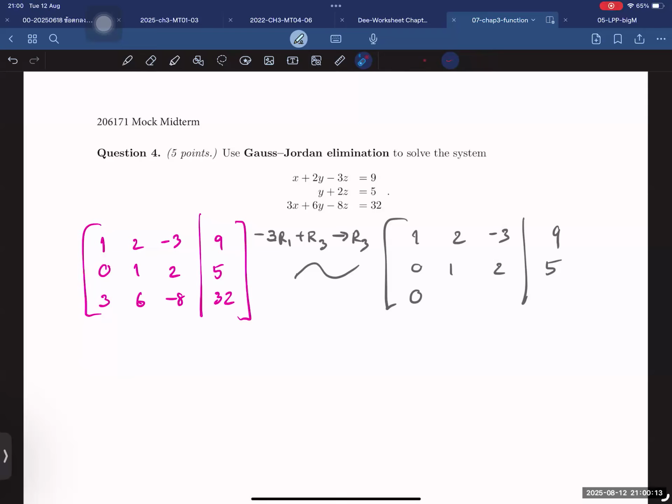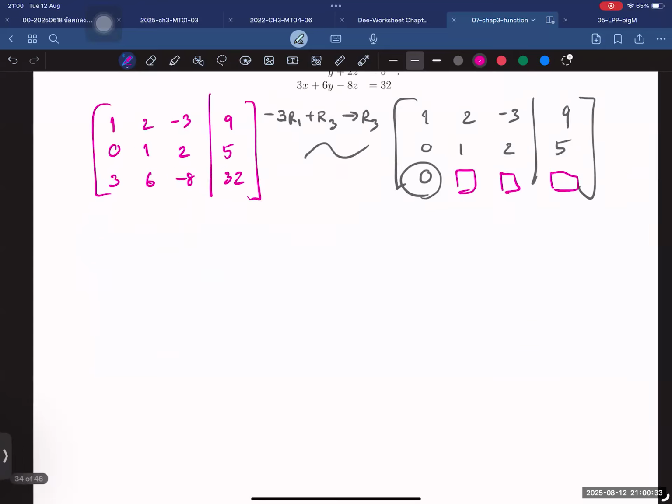And the third one, if you perform this, you would get the new 0 here, and the rest is something else. I left this to be your exercise. Then you can use backward substitution to find x, y, and z.